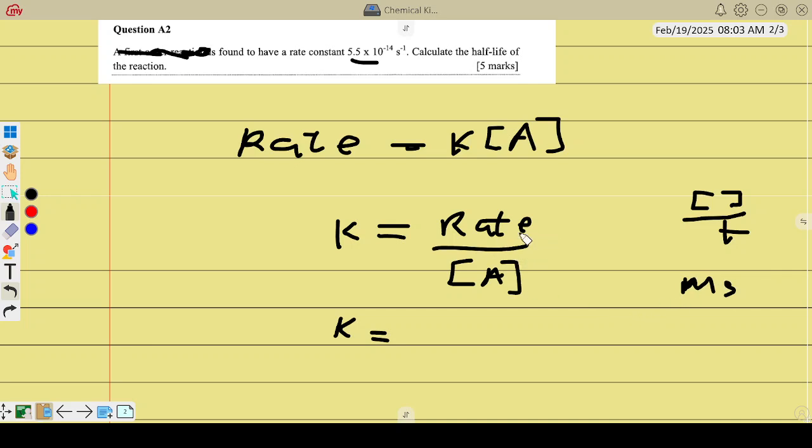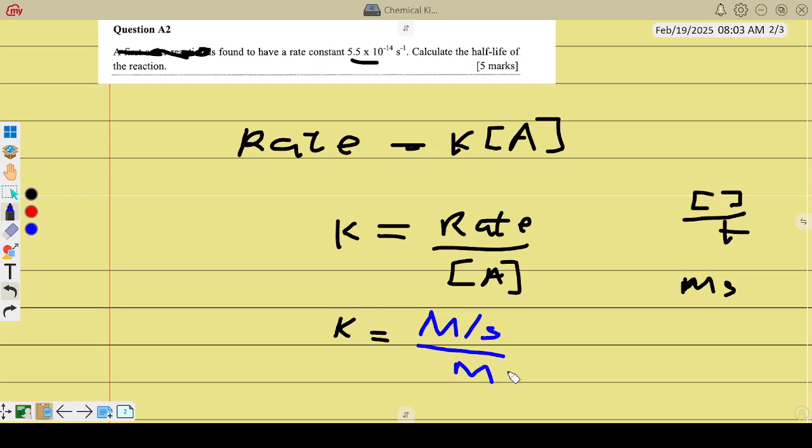I've even explained this in the previous video. So the units for rate are molar per second. These are the units for rate. And then what are the units for concentration?